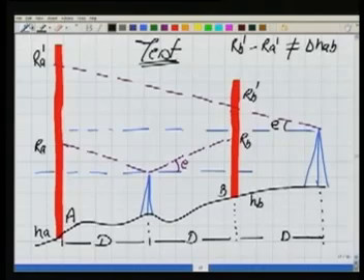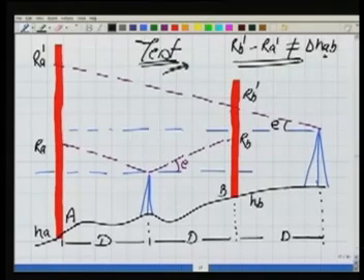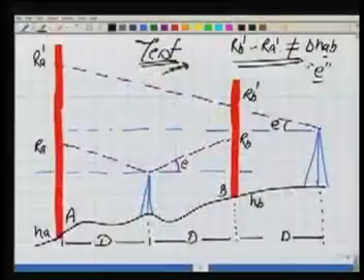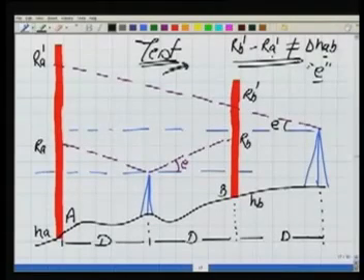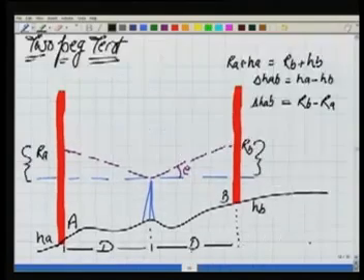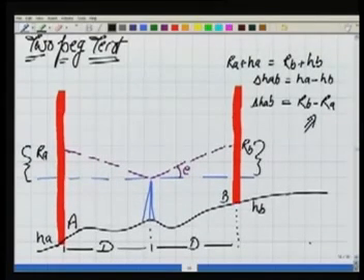A test means I have determined now that because this is not equal to delta HAB, my instrument has some error of non-parallelism, E. So this is the test to know whether the error is there or not. If there is no error, in that case, this should still have been satisfied. RB dash minus RA dash should have been the same value as we got over here.